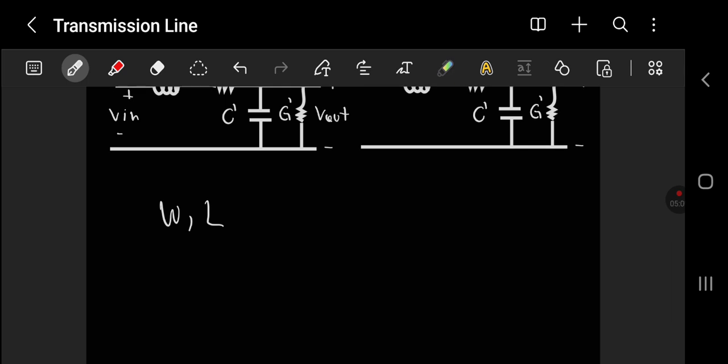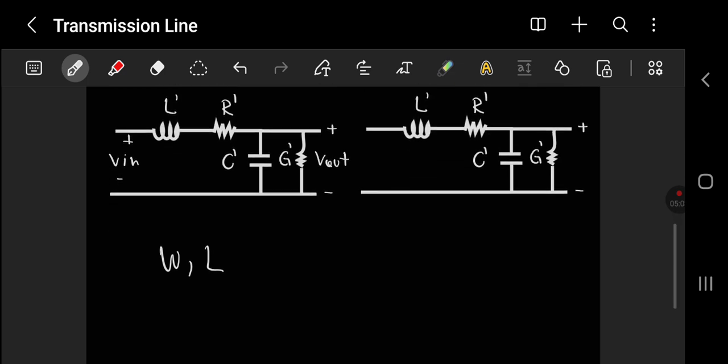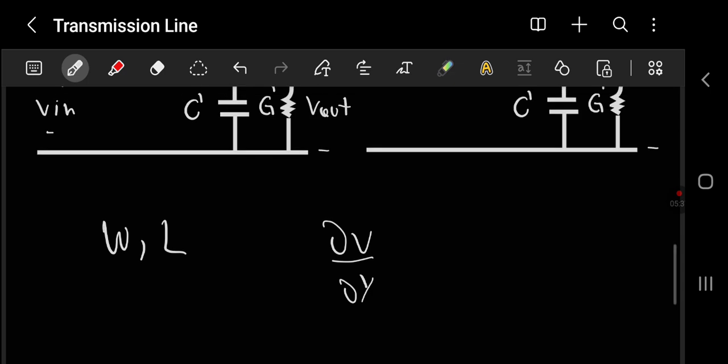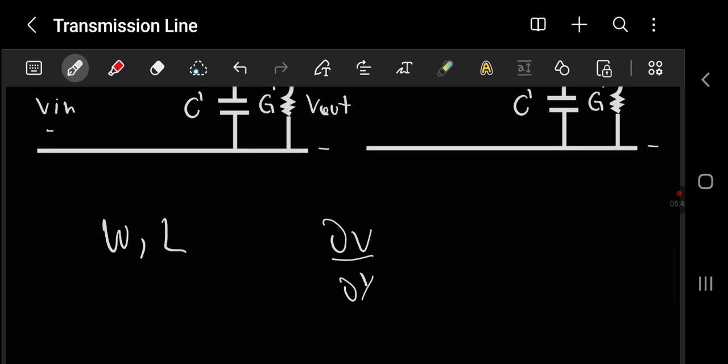In this model, L and R in series are described by the ratio of the rate of change of the potential with respect to y, which is the smallest piece of the structure as you wish.